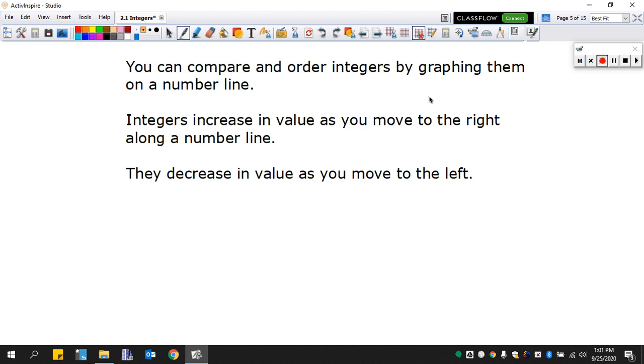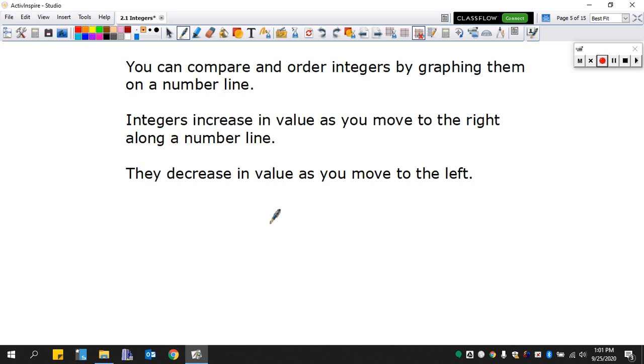Now, let's talk a little bit about comparing and ordering, or putting integers in order, and some of the ways that we can do that. One of the ways is by graphing them on a number line, and that's really the primary way. Whether you graph them on a physical number line, or if you have a number line that runs through your head and you just think in your brain about where they are on that number line.